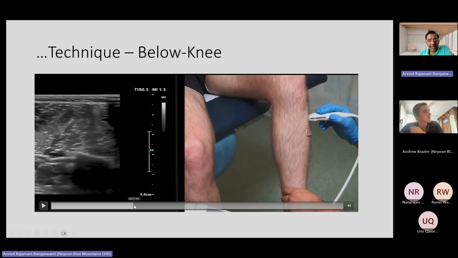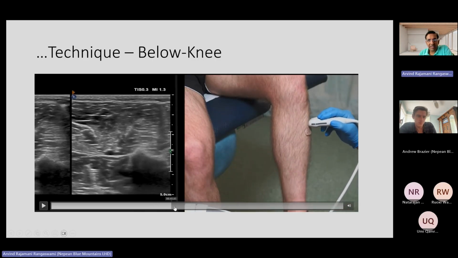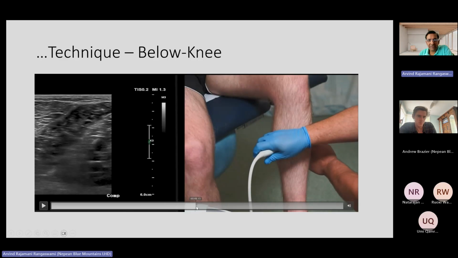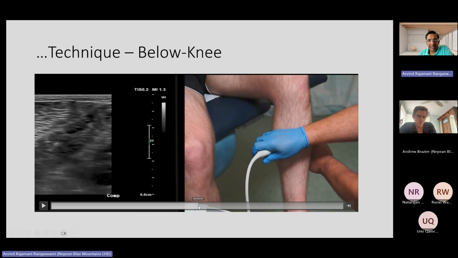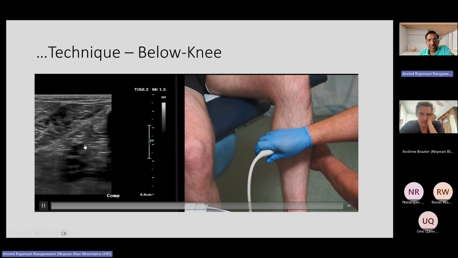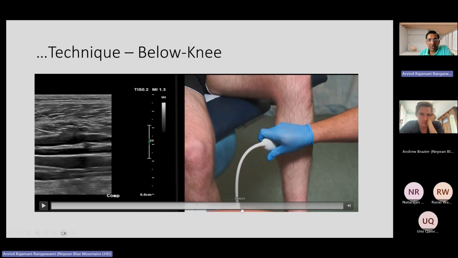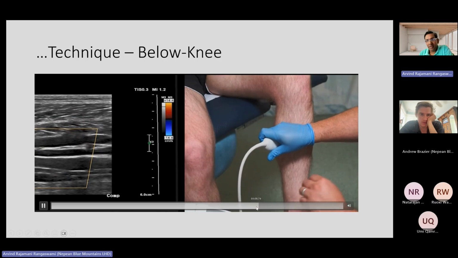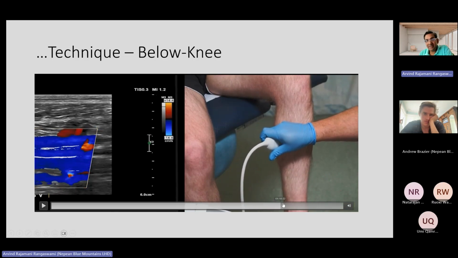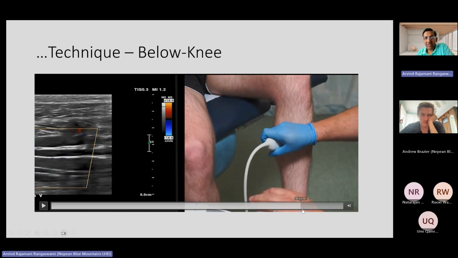You apply pressure and it will compress fully, okay, and then after that, you can slowly shift to the posterior, and you can get the posterior tibial vein here, okay, and see that it's fully compressible here. And then you can go in between the two and search for the peroneal vein. You can even do fancy things like going longitudinally and so on. Don't ask me any of the anatomy. I don't know.